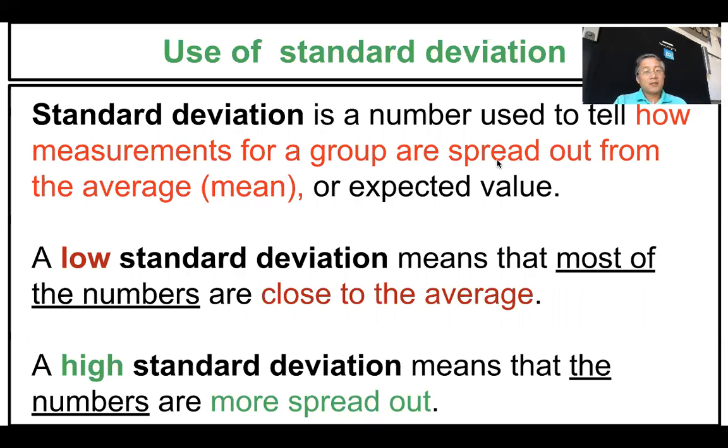So if the standard deviation is low, it means that most of the numbers are close to the average, right? But if the standard deviation is high, it means that the numbers are more spread out. So that we learned.